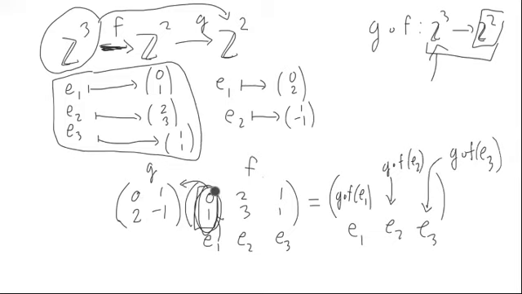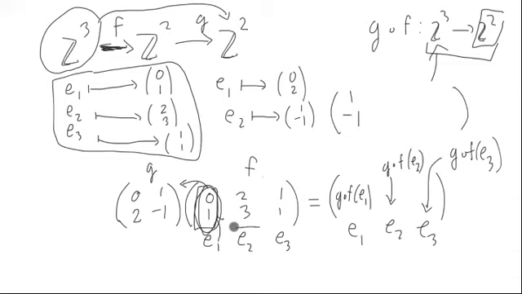Remember, we just take 0 times the first column plus 1 times the second column. Well, that's just going to be the second column in this case. So if we were writing this out, the ultimate destination of E1 via here is just simply going to be 1, minus 1.